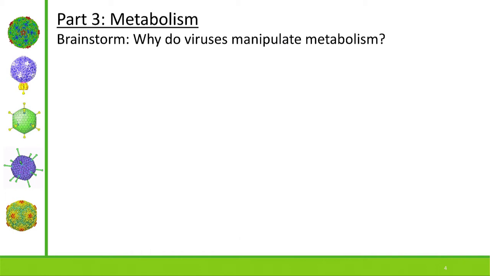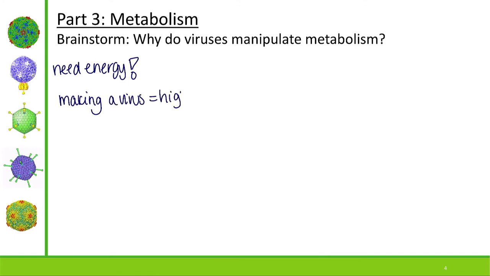So number 1, the main reason why viruses have to manipulate metabolism is they need energy, right? Building virions is no easy process. There's a lot of steps that have to occur. Whenever you are making a virus, this is a high demand on host biosynthetic systems.